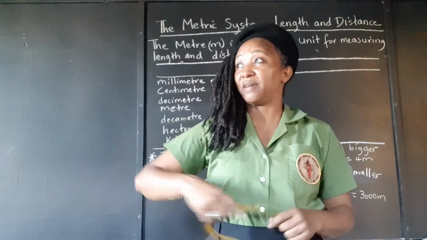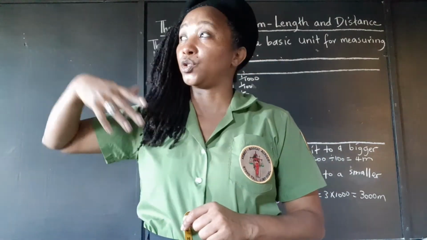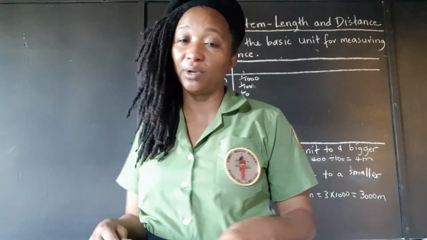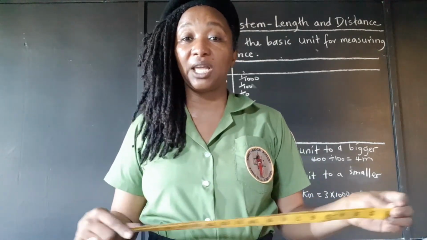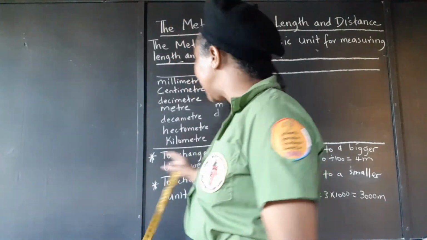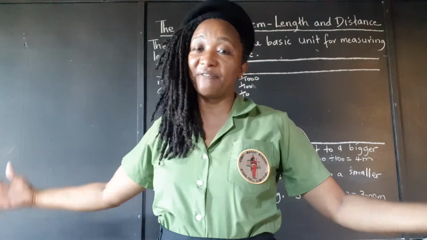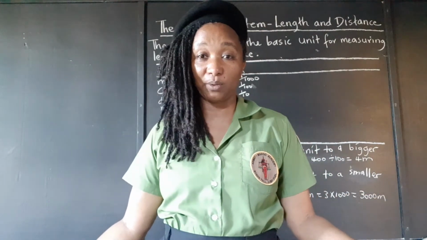But really far places, like from your house to the school, assuming you live miles from your school, would be expressed in kilometers. So the kilometer is for distances that are really far apart.